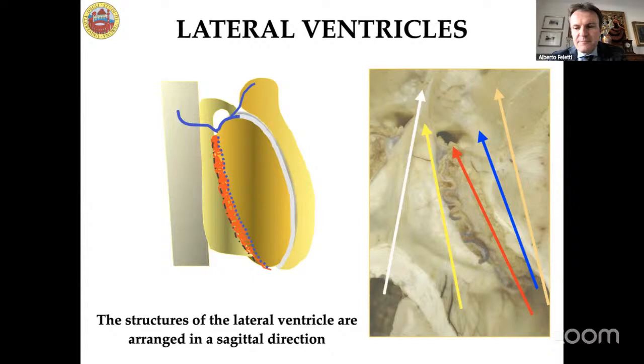And finally, at the midline, we can find the septum pellucidum. So as you can see, the main structures of the lateral ventricle, as we can see with an endoscope, are arranged in a sagittal direction. This is very important because this arrangement helps us in orienting within the lateral ventricle.